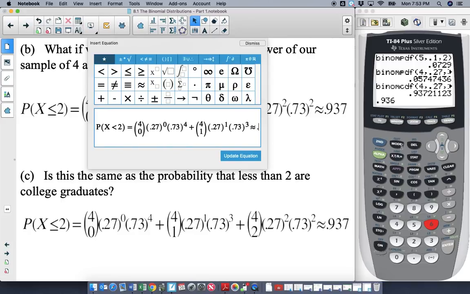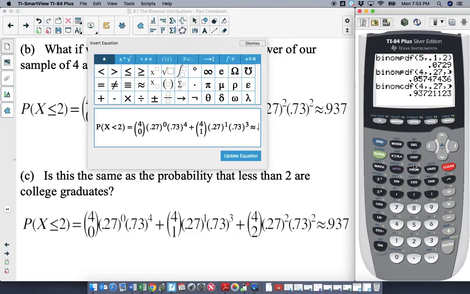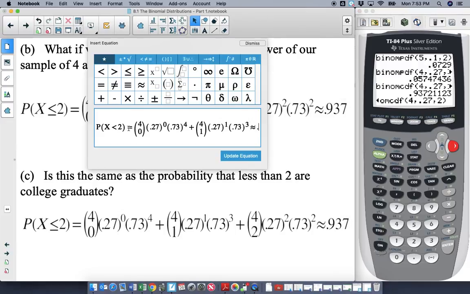So now I need to go back to my calculator and do my binomial CDF, which is still 4 and is still 0.27, but what's my last number? Because the probability of being less than 2 is actually equal to the probability that x is less than or equal to 1.